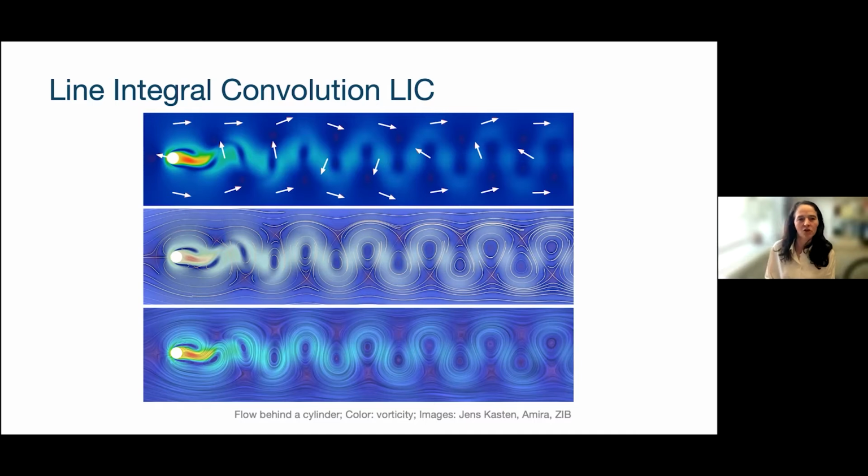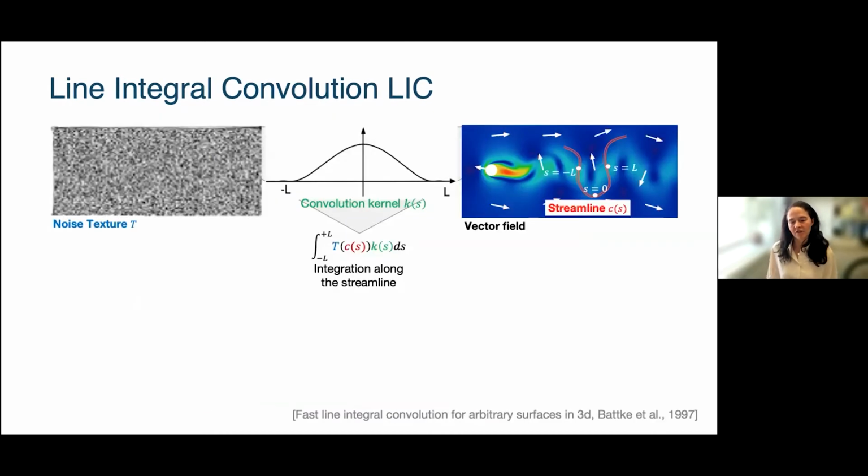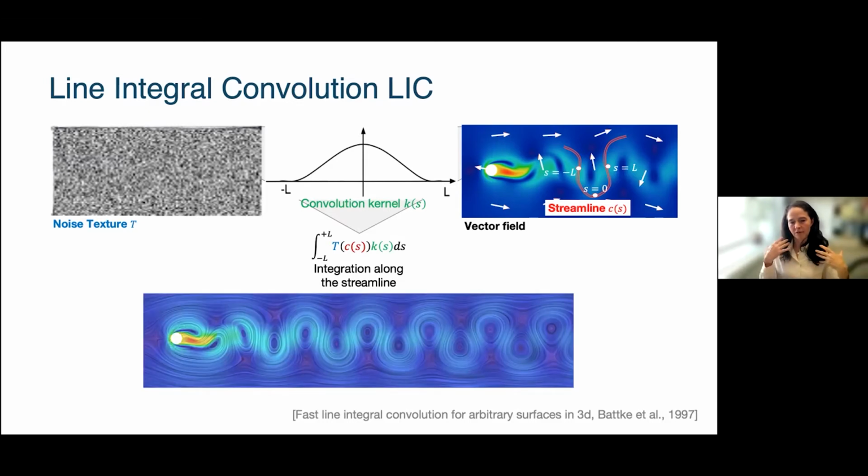This texture is called the line integral convolution, or in brief, a LIC texture. The basic idea behind the LIC texture is that you take a noise image and you take your vector field, and then you use some convolution kernel to smear your noise texture in the direction of the streamlines. And then you get this dense representation of the field.